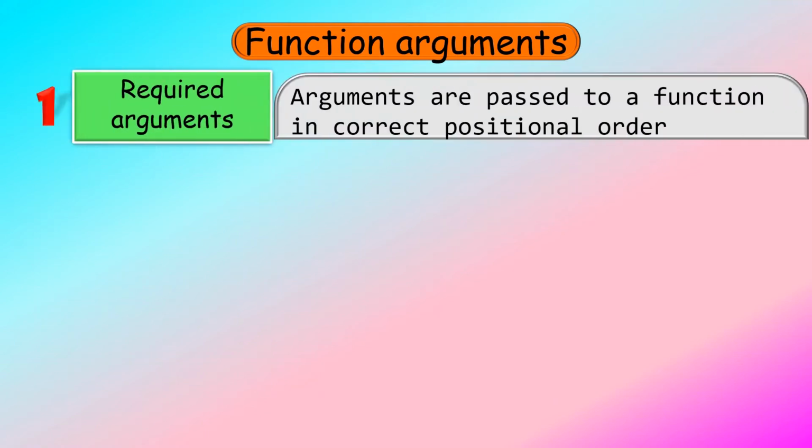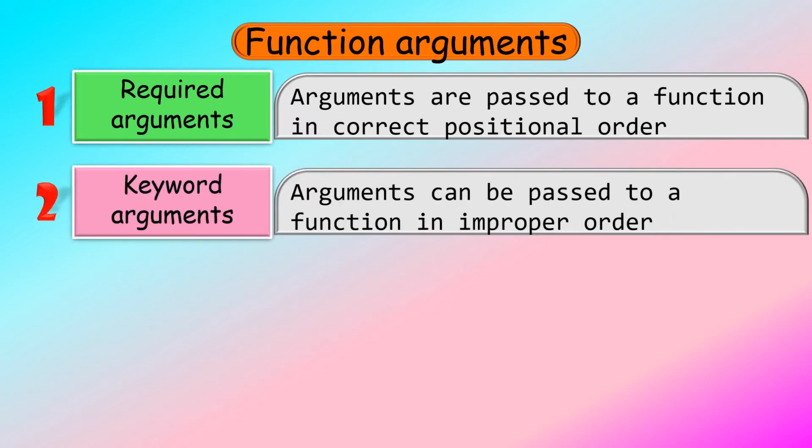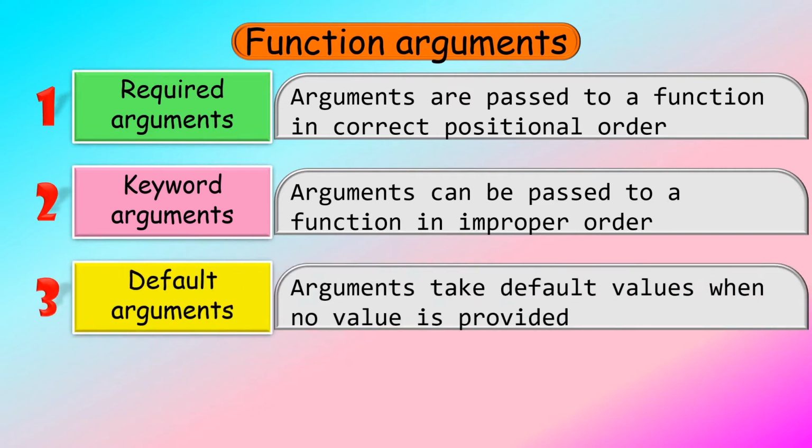The first one is called required arguments. Arguments are passed to a function in correct positional order. Keyword arguments means arguments can be passed to a function in improper order. The third one is default arguments.